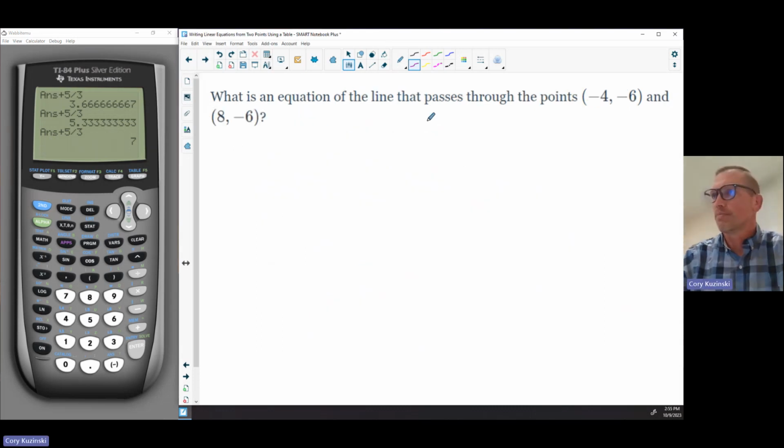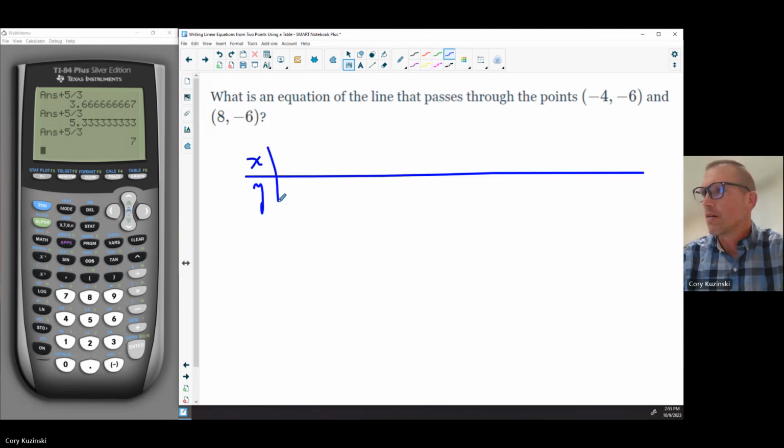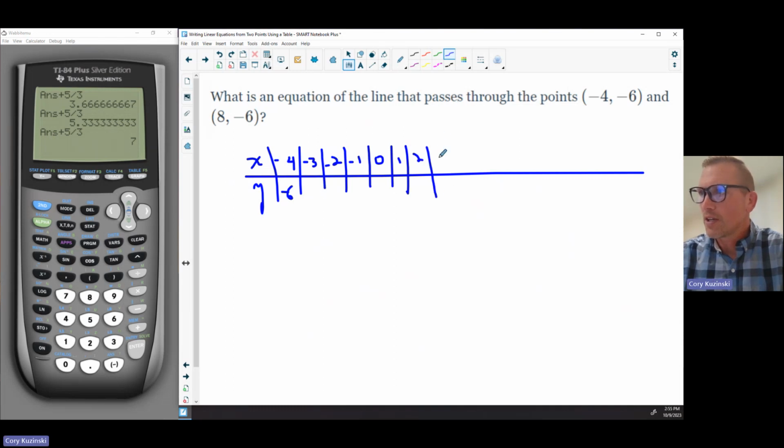All right, let's do another one. X and Y. -4 is where I'm going to start this. -4 goes with -6. And then I have -3, -2, -1, 0, 1, 2, 3, 4, 5, 6, 7, and 8 goes with -6.